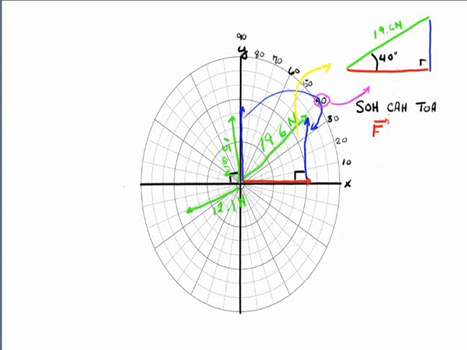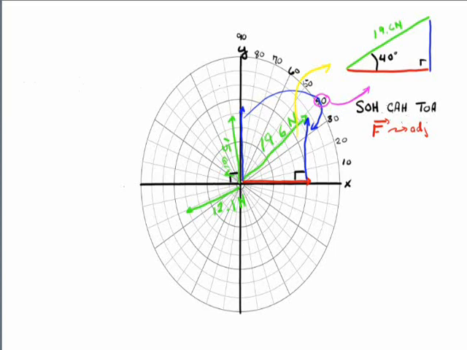Which side of our triangle do we have? Do we have the opposite side or the adjacent side? The red side is the adjacent side. It is the side that is touching the angle that I know. If that's the case, which one of these am I going to use? The SOH, the CAH, or the TOA?